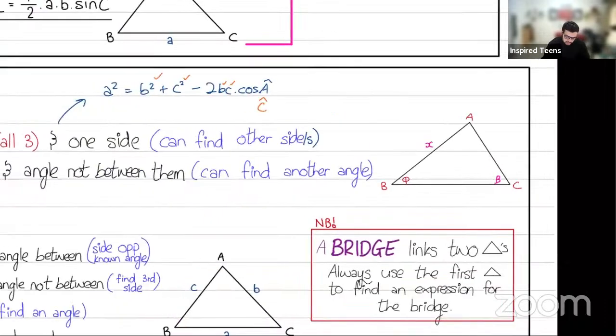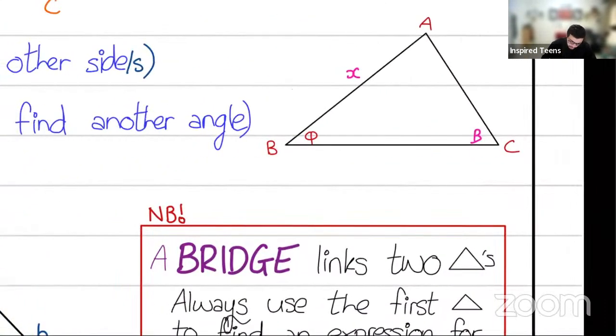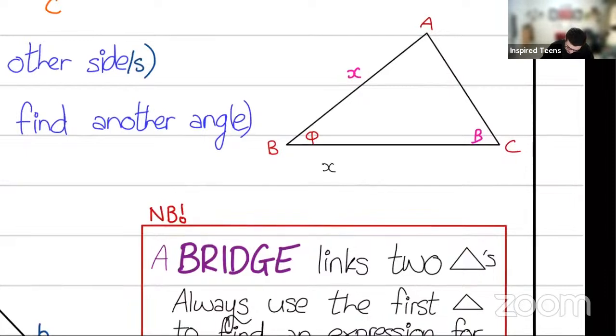So now let's go through, when I have two angles and one side, how could I use sine rule? Remember, sine rule is side over sine angle, side over sine angle. So I'm going to use x over sine of the angle opposite to it, sine beta. It's equal to, now I have to decide which side I'm going to work with.